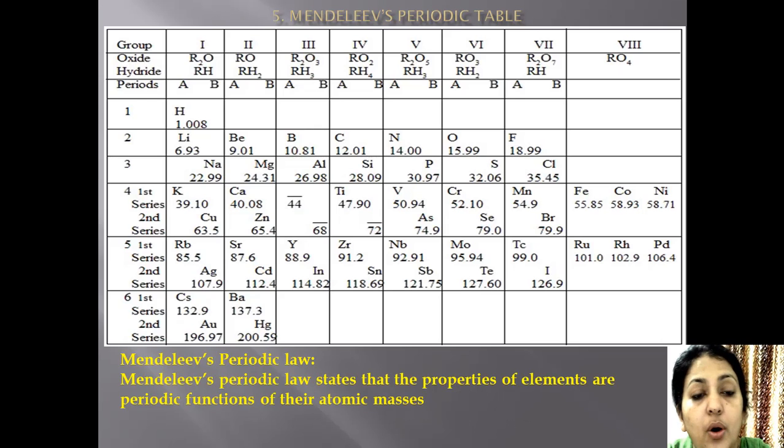So based on all these facts, Mendeleev put forward a periodic law which states that the properties of elements are periodic functions of their atomic masses. Periodic function means they will be repeated at a regular interval. Okay. So Mendeleev stated that the properties of elements are periodic functions of their atomic masses.